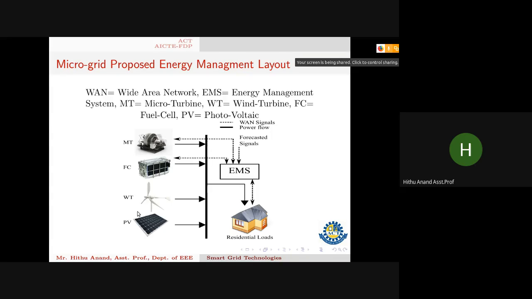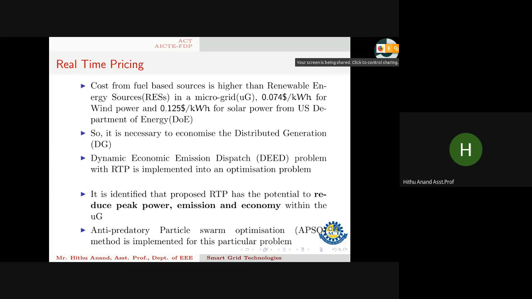It may be higher, but in the microgrid scenario, I identified this cost is higher than the renewable energy sources. So we took that into advantage and proposed a real-time pricing strategy. This strategy has many characteristics that will meet the smart grid objectives.